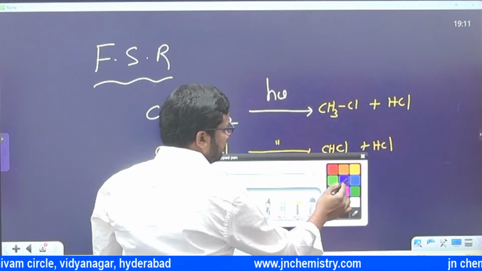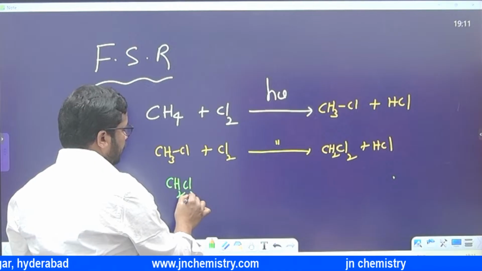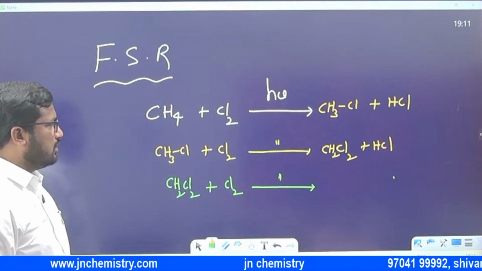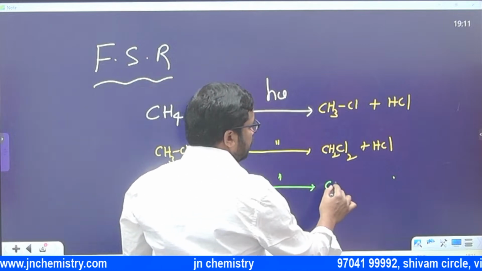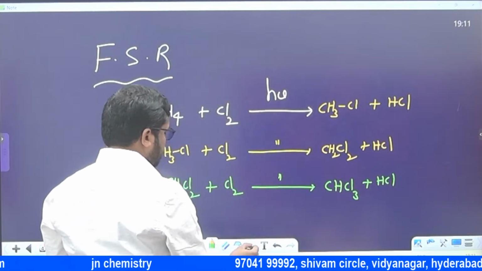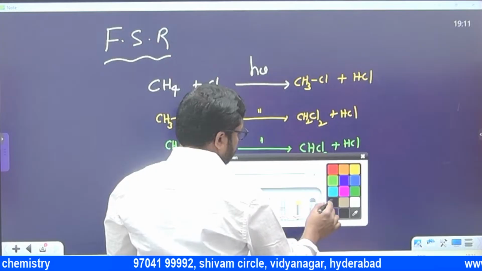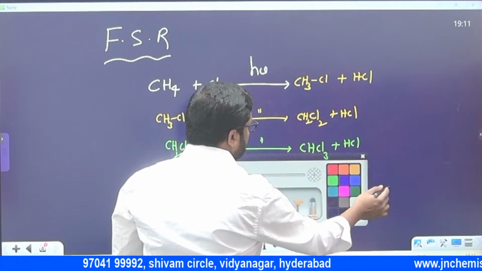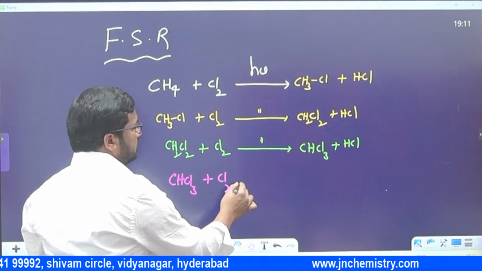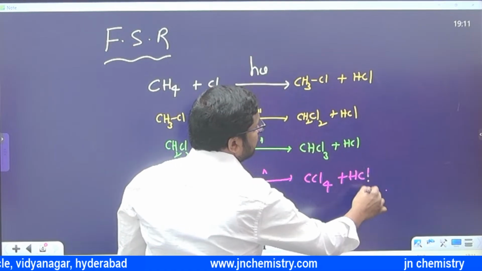Once again, CH2Cl2 plus Cl2, HCl, right? What will we get? CHCl3 plus HCl. Next, now this CHCl3 with Cl2 gives CCl4 plus HCl.